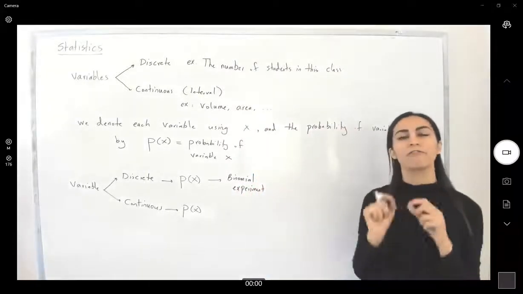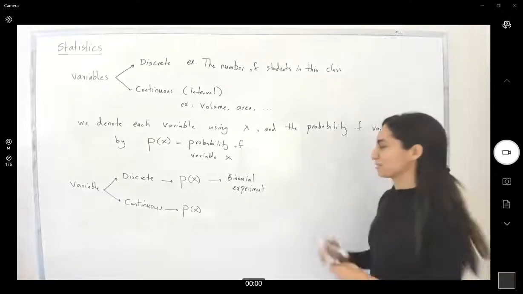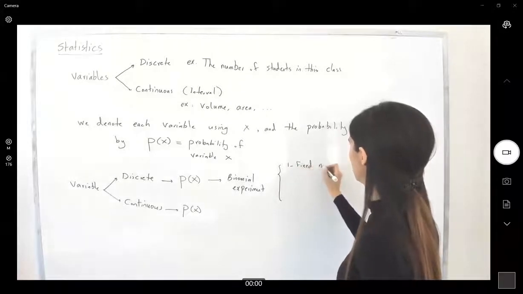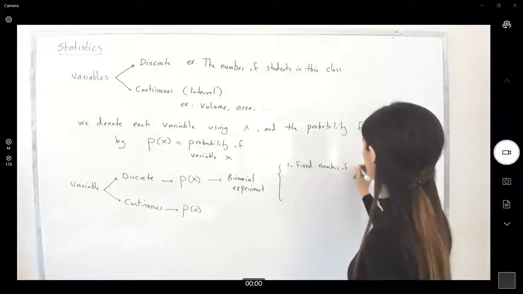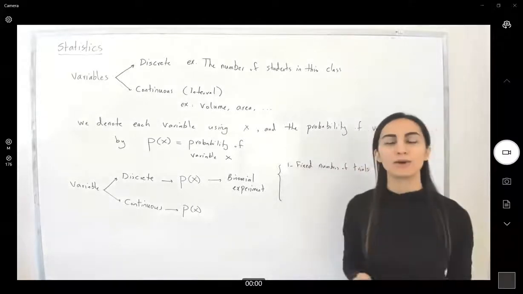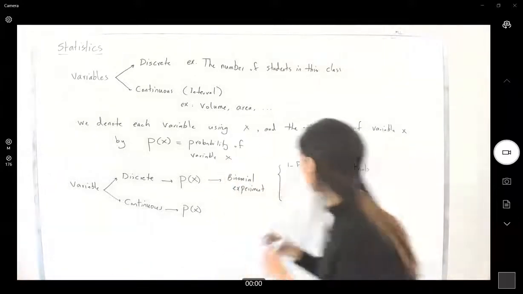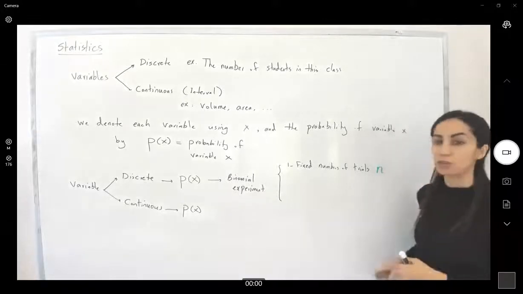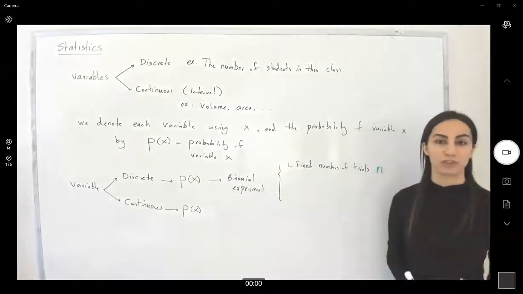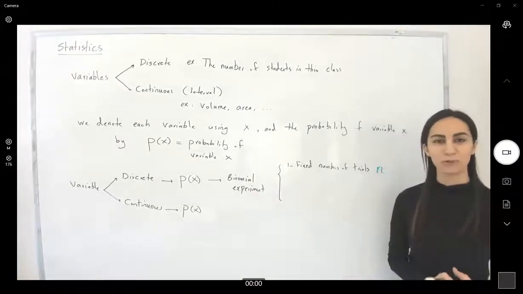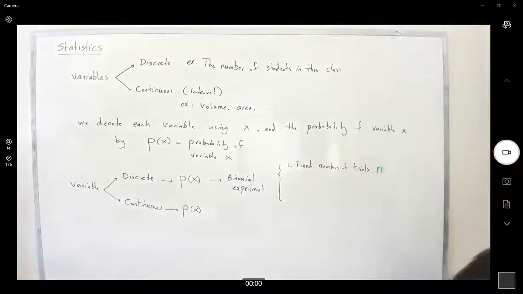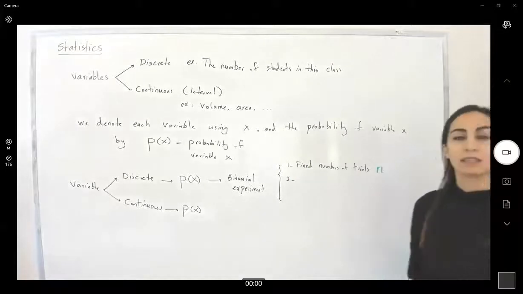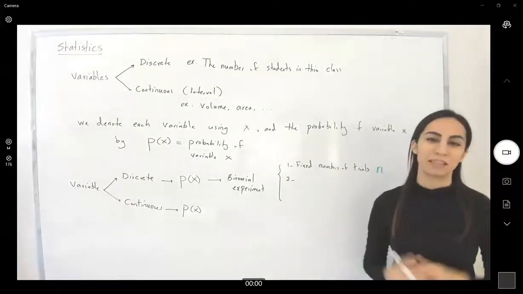First of all, you have a fixed number of tries. It's denoted by n. For example, you're a surgeon and you have 10 surgeries. n is equal to 10. Second, these experiments are independent from each other.